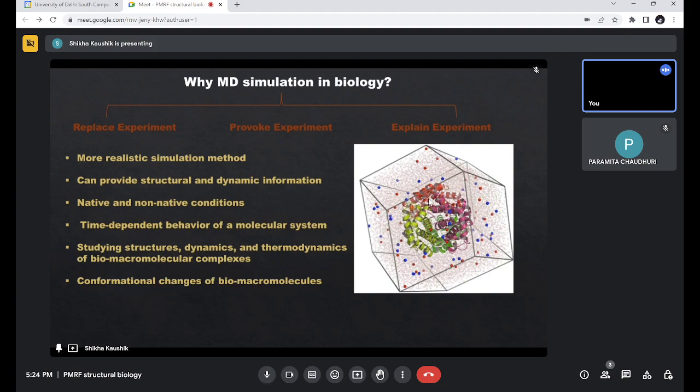It can also give you time-dependent behavior of a molecular system. You can study structures, dynamics and thermodynamics of biomacromolecule complexes, conformation changes of proteins, or nucleic acids and whatnot. You can actually visualize these things on your computer screen and make some changes to understand all these big biomolecule structures.